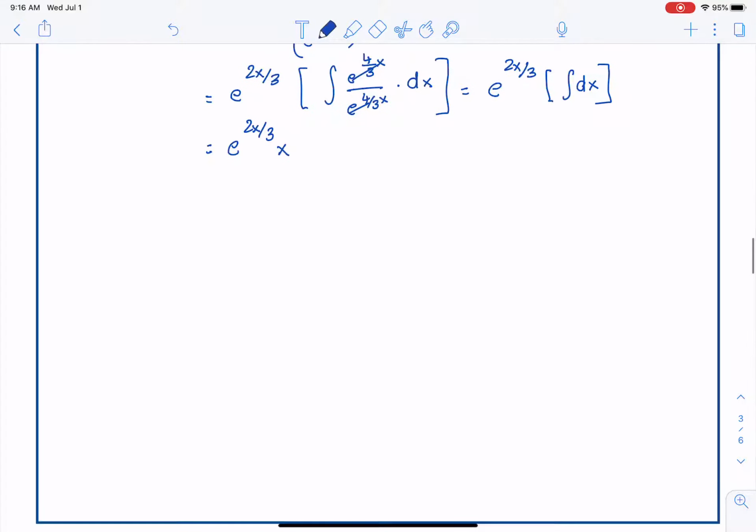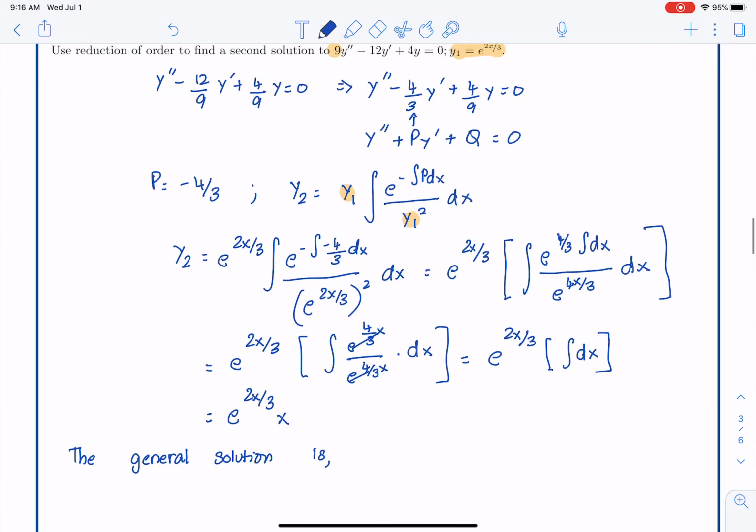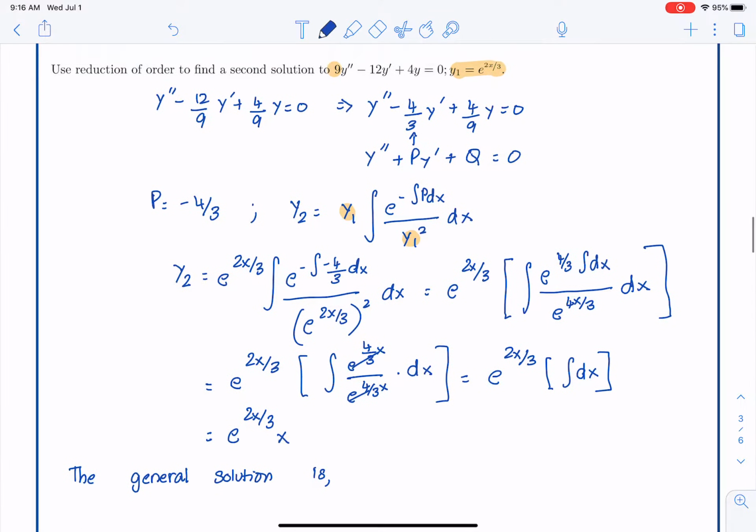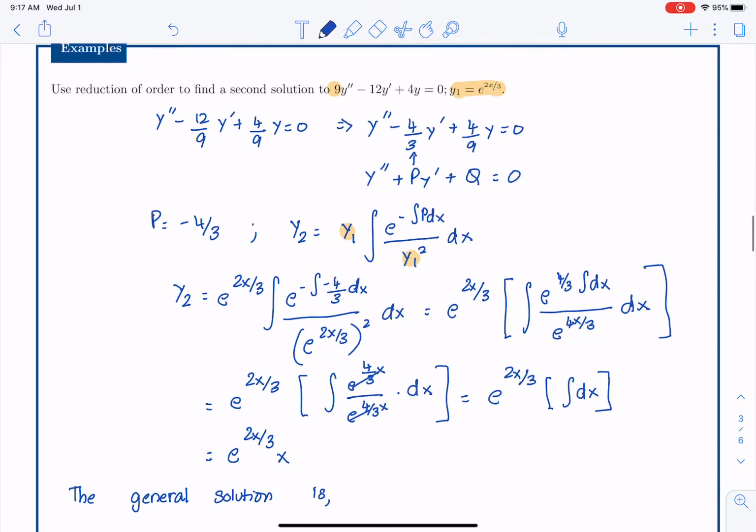If we have to write a general solution, I just want to double check that everything is in place.